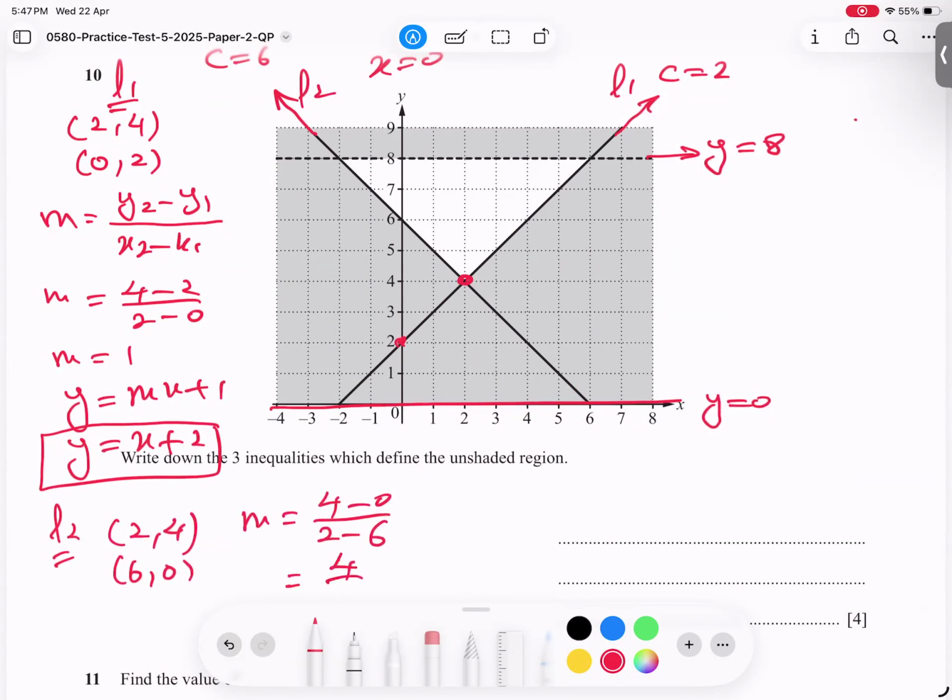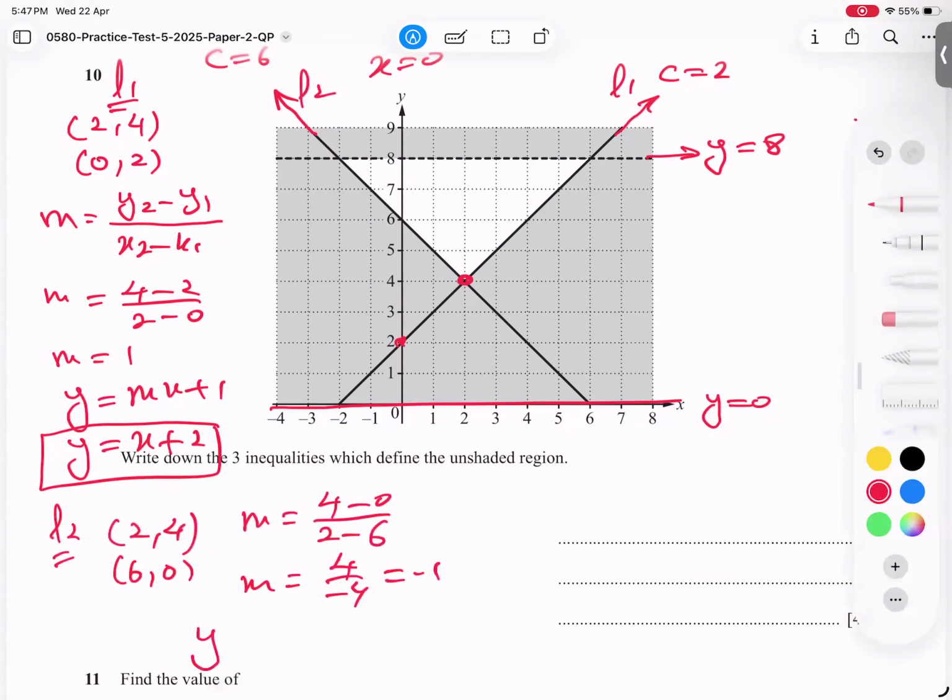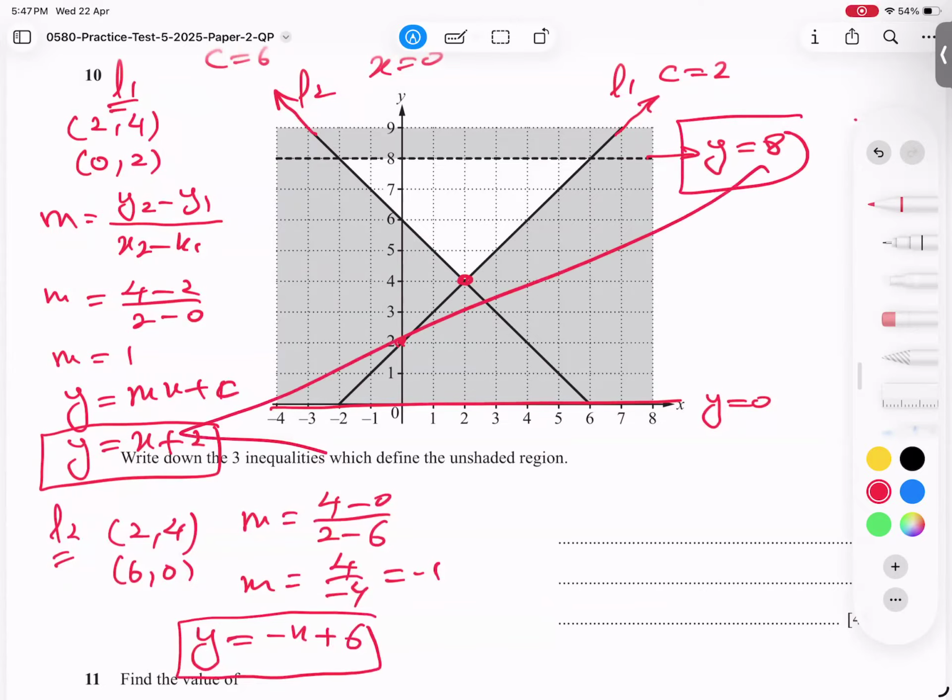I'm getting 4 by minus 4, and I'm getting here minus 1. So I write the final answer with the same formula, y equal to mx plus c: y equal to minus x plus 6. So I put them in rectangles, rectangle number 1 on top, and 2 and 3rd. So I got all equations.